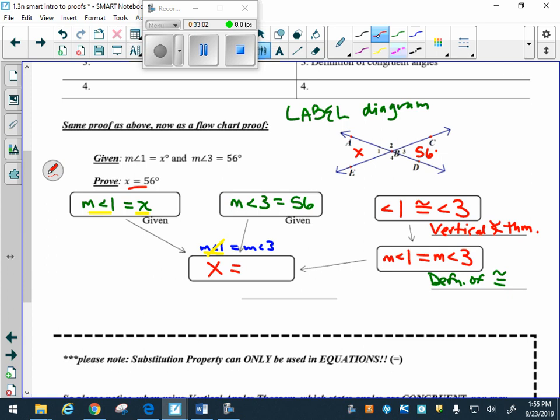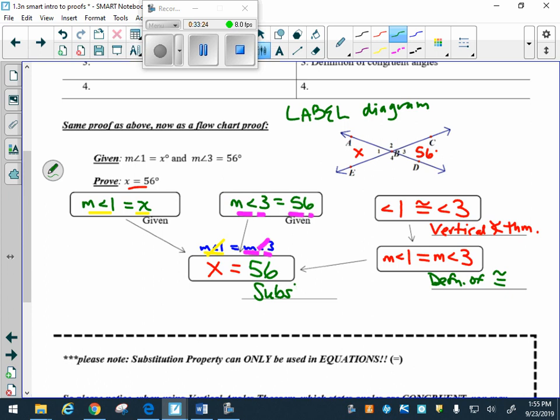Then I can, measure of angle 3 equals 56. So I can kick out measure of angle 3 and replace it with 56. So what's the reason?